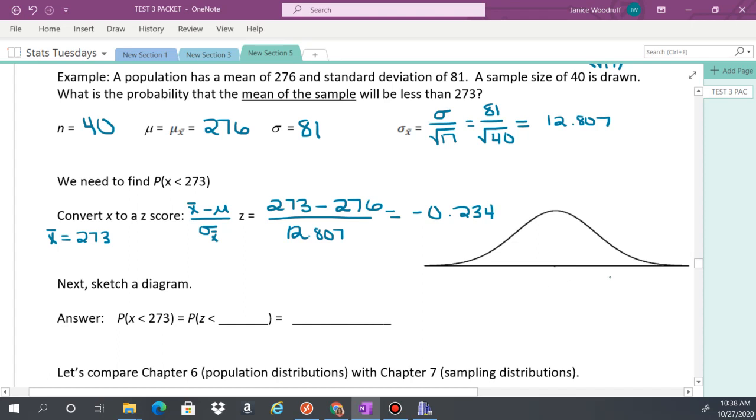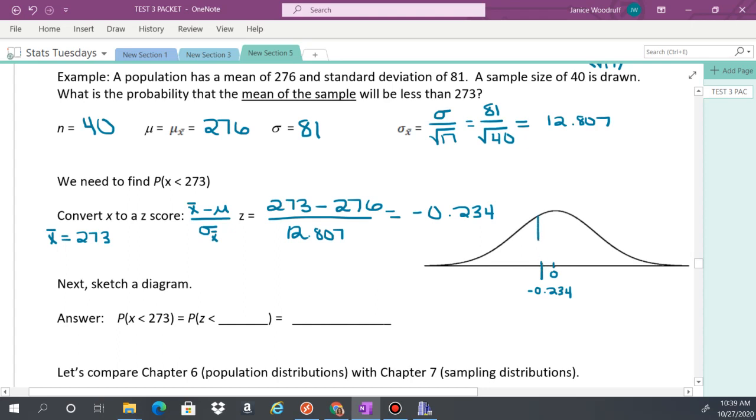Now if we sketch this on our normal distribution curve, we have our mean is 0, because we've now put this in terms of z, and -0.234 is pretty close to 0. I'd say it's probably roughly about right here. And the question we're asking is the probability that it is less than this.